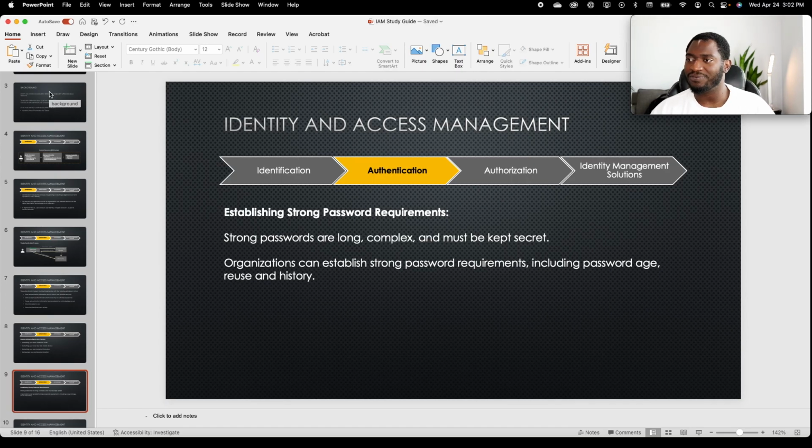So these are some of the security concepts that you need to keep in mind as you prepare for your certification within the identity and access management domain under the authentication process for the something you know authentication factor.